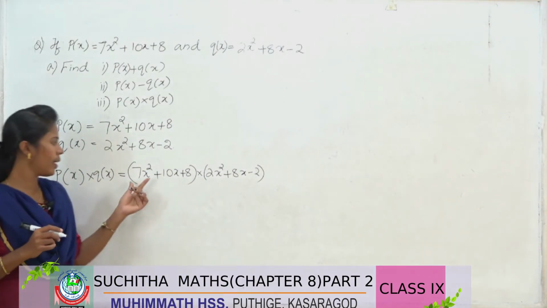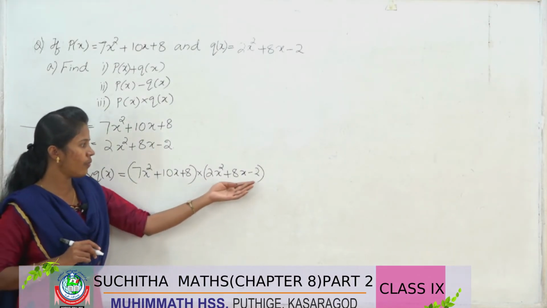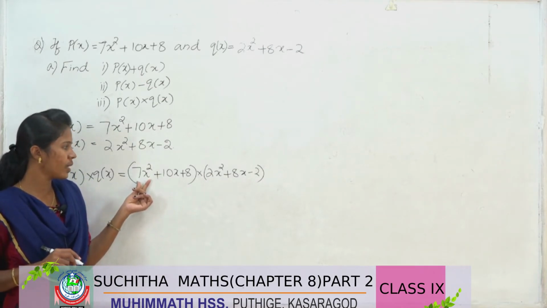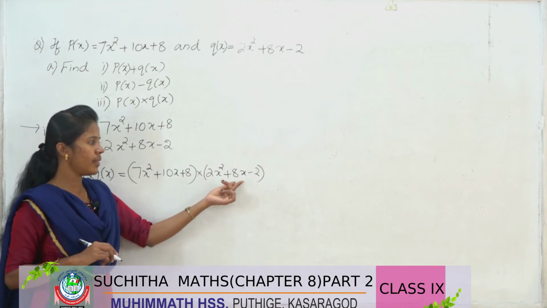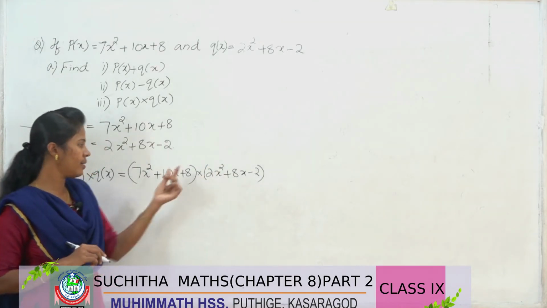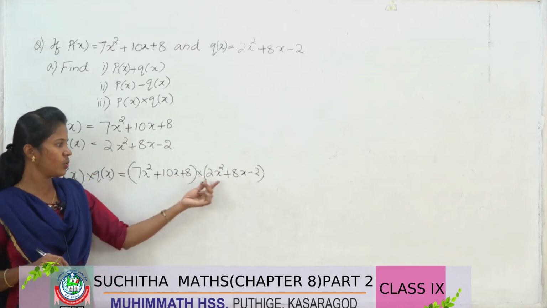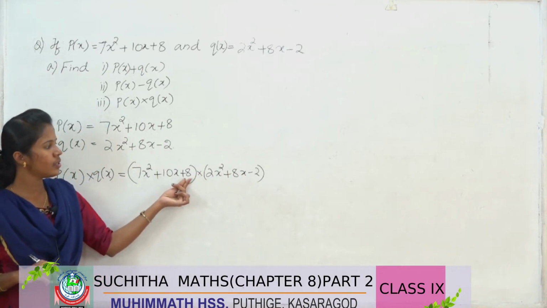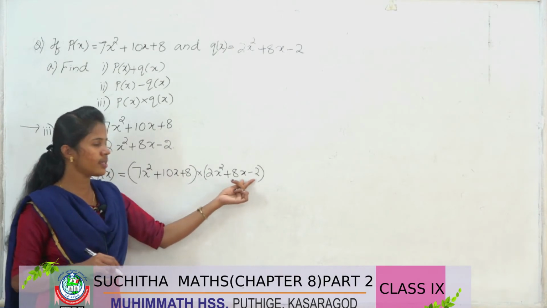First multiply Q of x by 7x square, then 10x, then 8: 7x square into 2x square plus 8x minus 2, plus 10x into 2x square plus 8x minus 2, plus 8 into 2x square plus 8x minus 2.